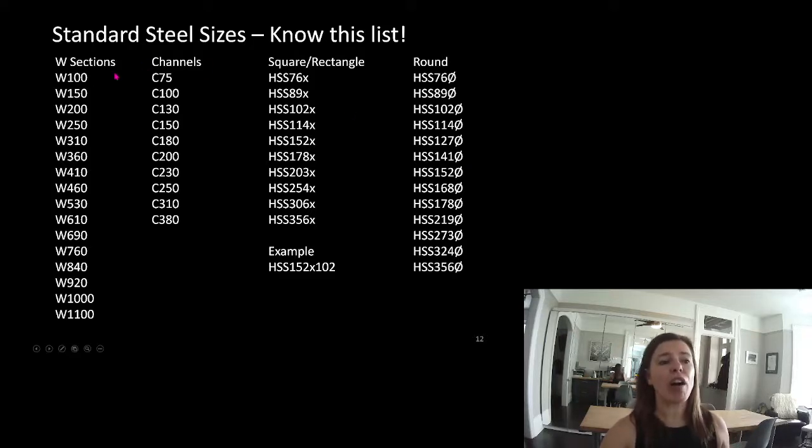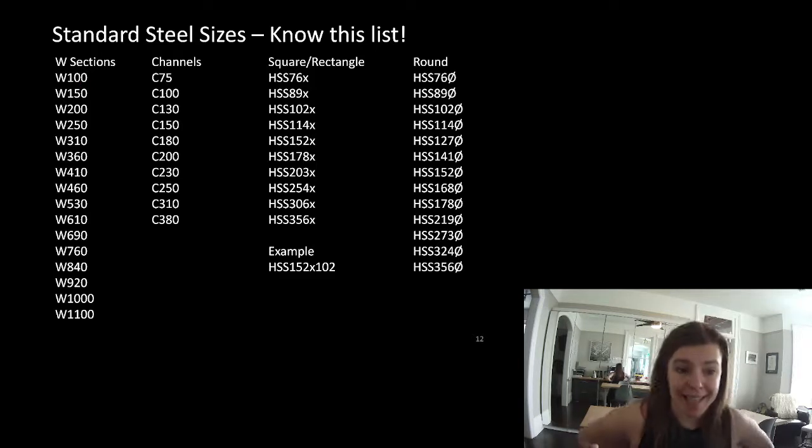So these are the things that are made. This number here tells you approximately how deep it is. It's not exactly how deep it is. It's not the right answer in any way, but it's pretty darn close. So a W100 is approximately 100 millimeters deep, and that's going to be good enough for our sizing guidelines.